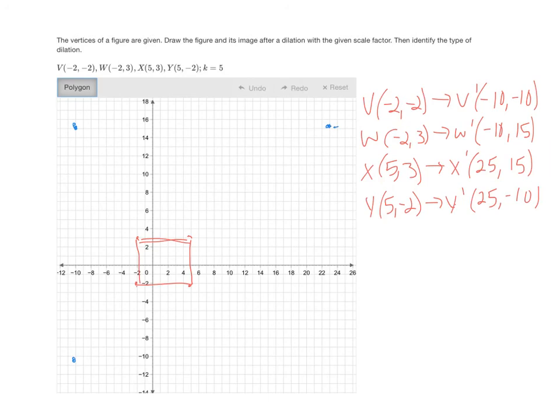There's 25, 15, and 25, negative 10. I might have to fix this spot up here. 25, 15 should be there. All right. Let me just complete this rectangle.